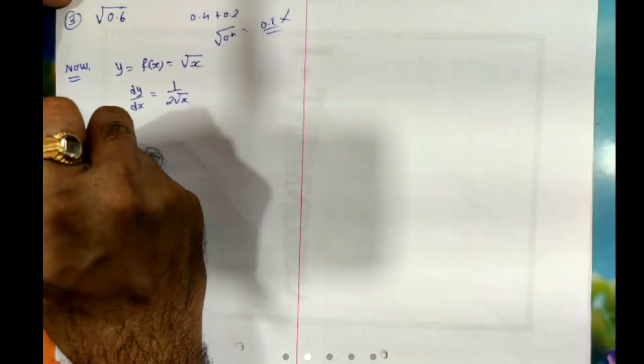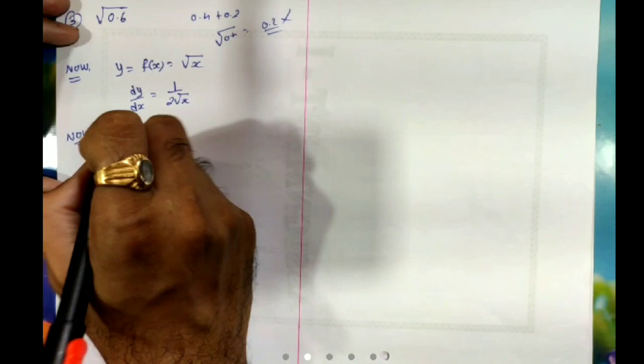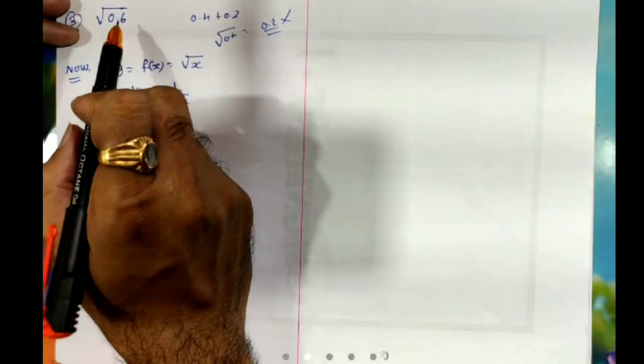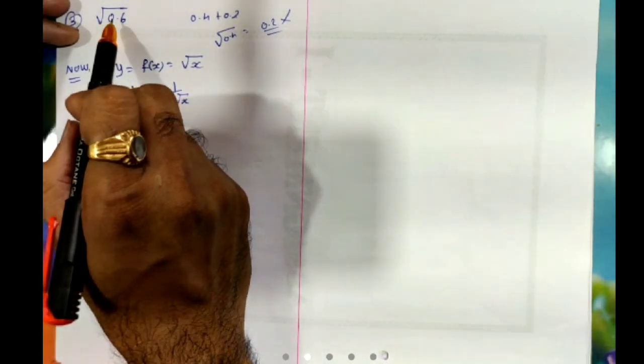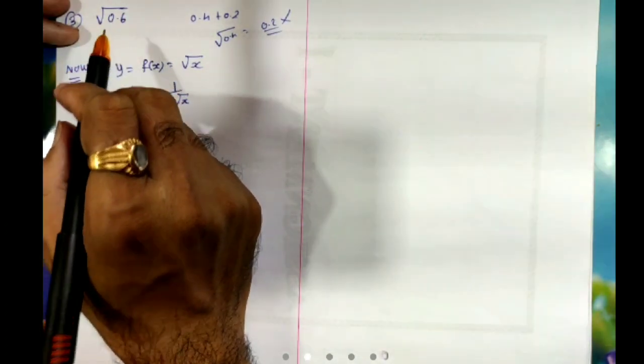Now next step, we are finding our perfect x. For this given function, we have to find the nearest number to 0.6 whose square root can be easily found.